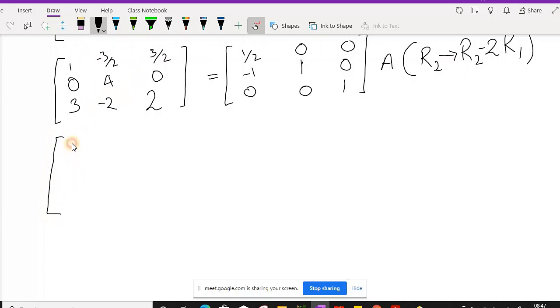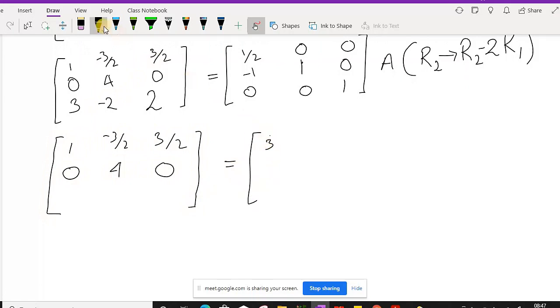So row 1 and row 2, I write here: 1, minus 3 by 2, 3 by 2, 0, 4, 0 equal to 1 by 2, 0, 0, minus 1, 1, 0, and you have A here.